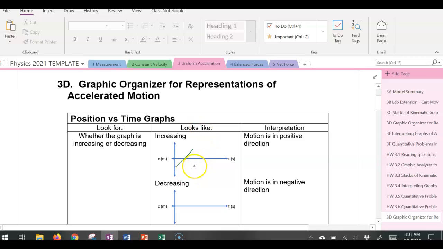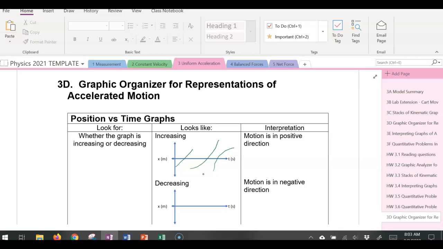It could be parabolic, and it could be parabolic in a way that has the slope increasing, which means that the speed is increasing, or it could be parabolic in a way that shows the speed decreasing. So any of these three examples are increasing graphs where the object is moving in the positive direction.